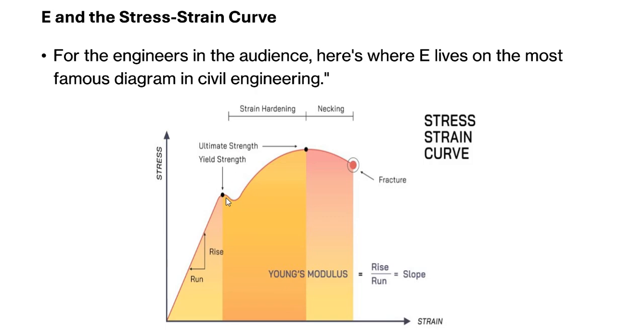Yielding means the member will not get back to the original shape or original position. That's why it is called yield strength, okay? From this point the material loses its elastic property, so it will have permanent deflection.